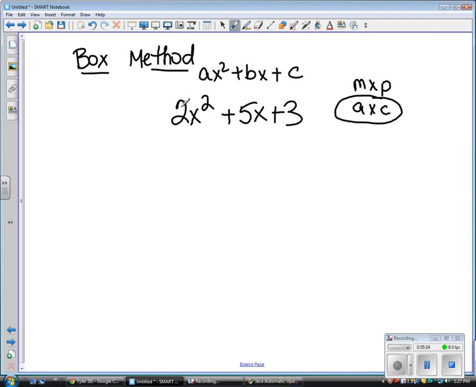So my a is 2 and my c is 3. So when I go to the x, this time I'm going to use 6. I'm not going to only use 3, like I did last time because I had a coefficient of 1. So when I multiplied 1 times the last number, it gave us the last number.